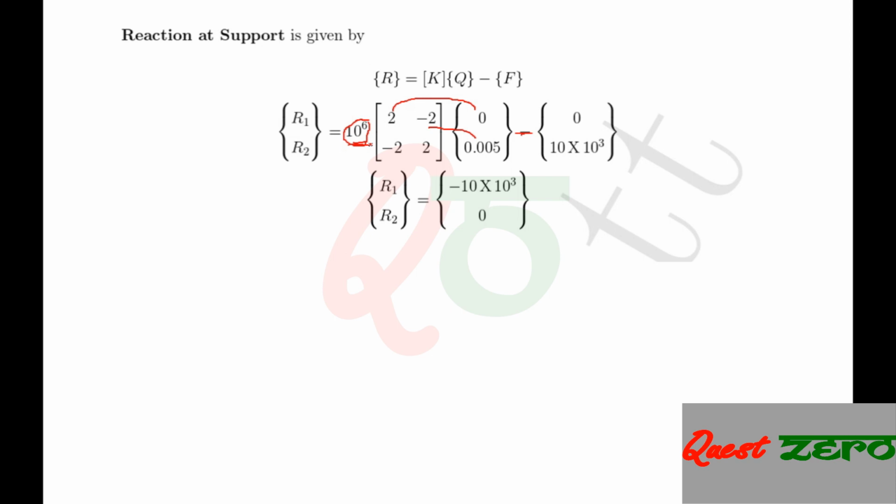So 0.01 into 10 power 6 will give you 10 into 10 power 3 minus, there is one more 10 into 10 power 3. So 10 into 10 power 3 minus 10 into 10 power 3 will give you R2 as 0. I will not be dealing with the matrix multiplication further. So please go through your basics.